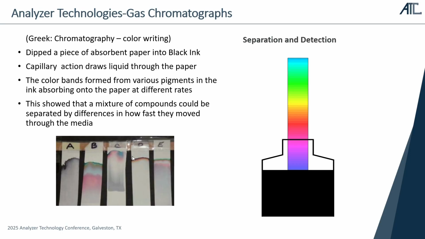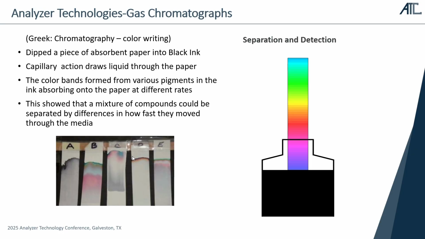You bring a bottle of black ink, and you dip a piece of very absorbent paper into it, and you wait for a few minutes. You notice that different color bands form on the paper. So those different color bands are from the pigments in the black ink.